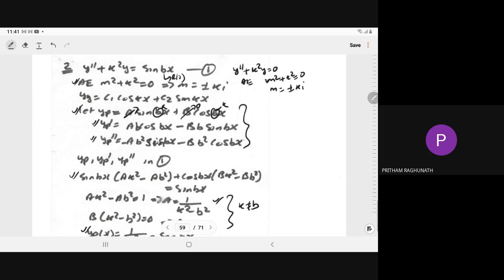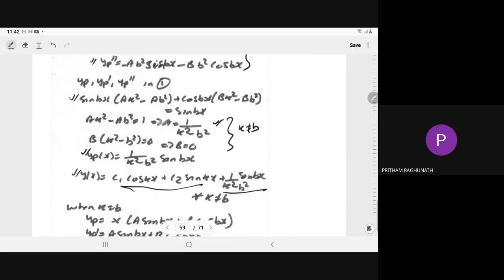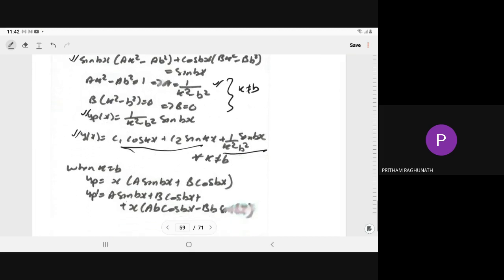So a sin kx will duplicate with this, and b cos kx will duplicate with this. To avoid the duplicacy, we take yp of the form x into a sin bx plus b cos bx.